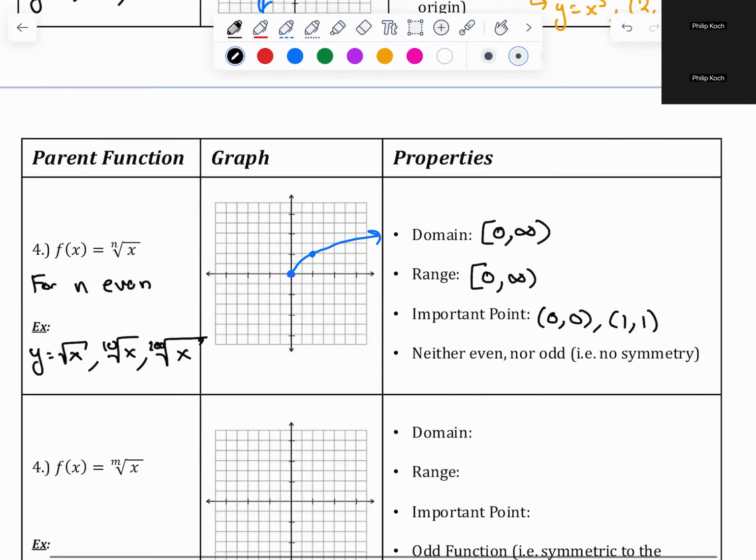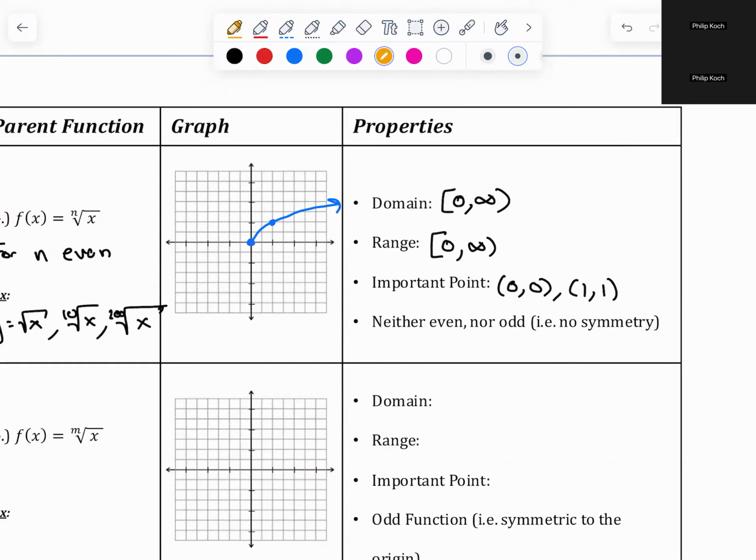But for y equals the square root of x, you also have the points (4, 2) and (9, 3). And I guess you technically also have (16, 4) and so forth, but that should be enough.